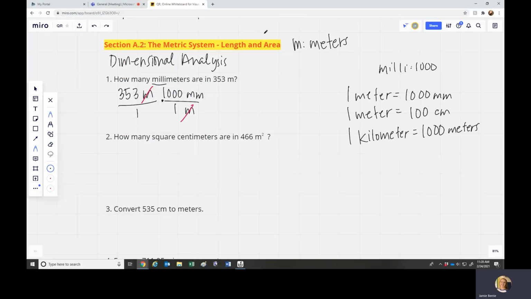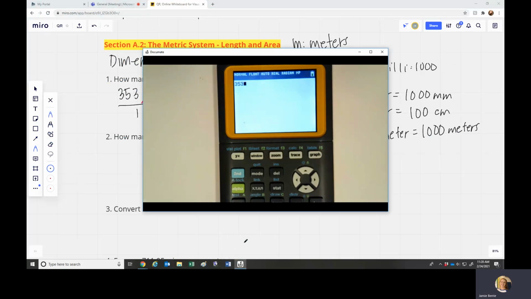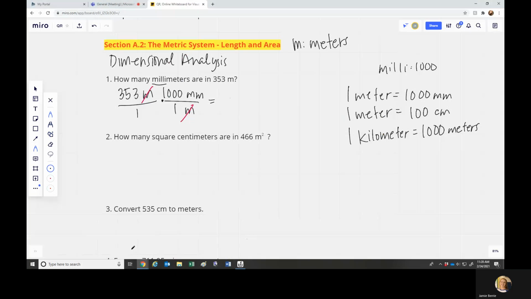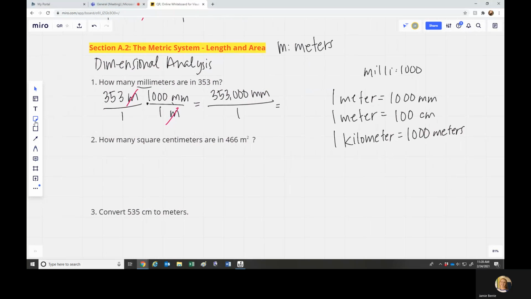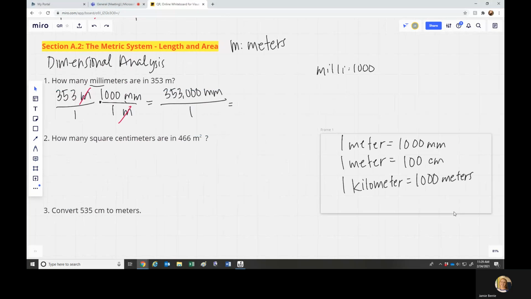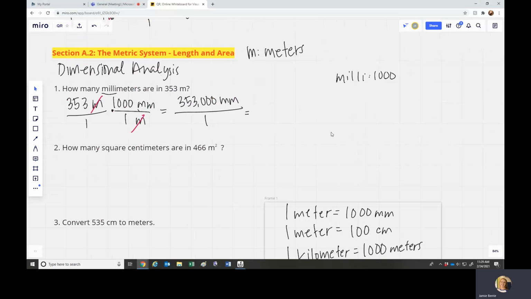So we can multiply through on the top, multiply through on the bottom, and then simplify. 353 times 1,000 is 353,000. 353,000 millimeters over 1 times 1 is 1, which is equal to 353,000 millimeters, and you're done.